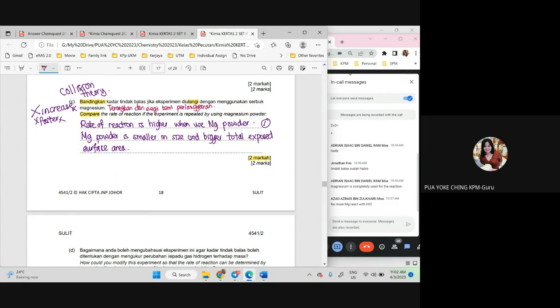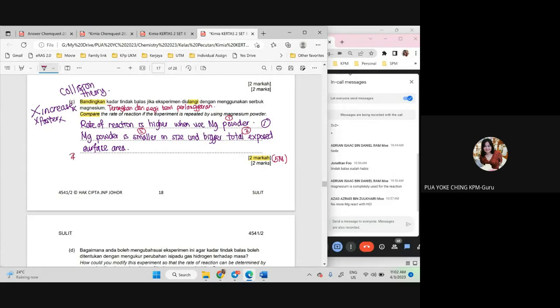So if based on collision theory, then it will become 5 marks. So 5 marks. Point 1, rate of reaction is higher. Point 2, Mg powder smaller in size. Point 3, Mg powder bigger total exposed surface area.